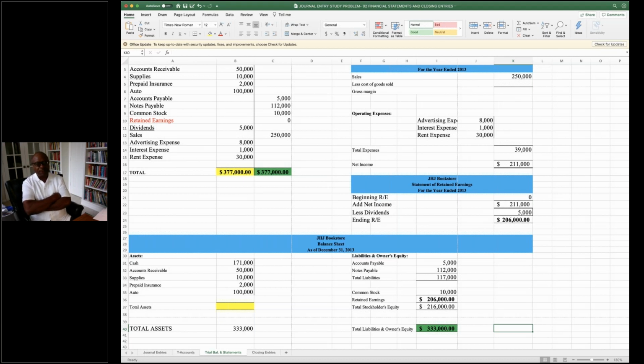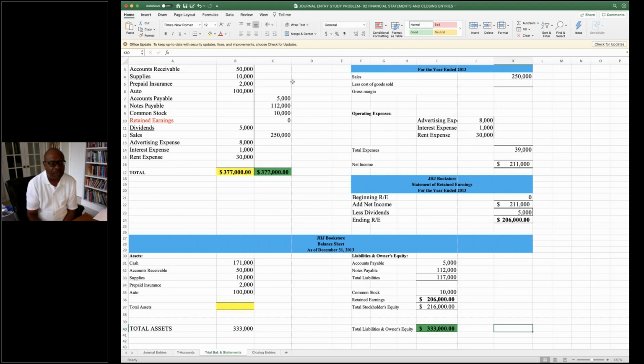Oh, it's on there. So you weren't reading. You didn't read ahead of time. Just joking. It's step 8, journal entry and closing entry, right? Mm-hmm. Okay.